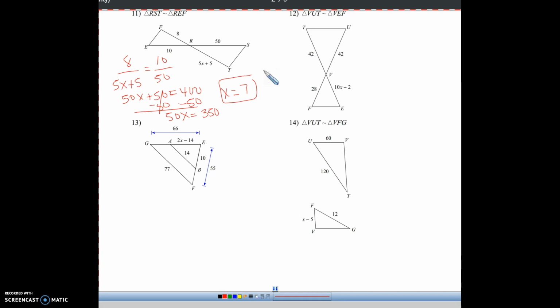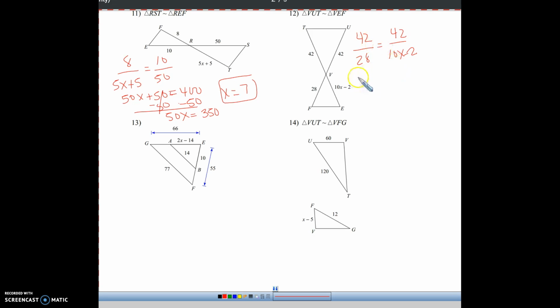Okay, looking at 12, proportional sides. So I'm going to say 42 over TV. TV goes with FV, which is 28, equals 42 over 10x minus 2.